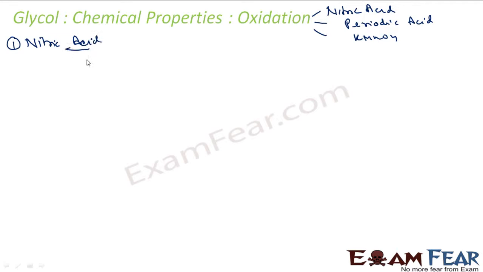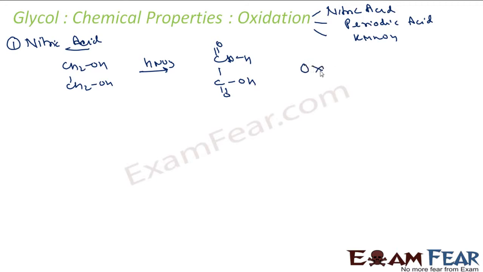So if I use nitric acid, now I have a glycol. If I use nitric acid, what I get is oxalic acid. Please remember this term. This is oxalic acid. Correct? If you oxidize with nitric acid, you get oxalic acid.